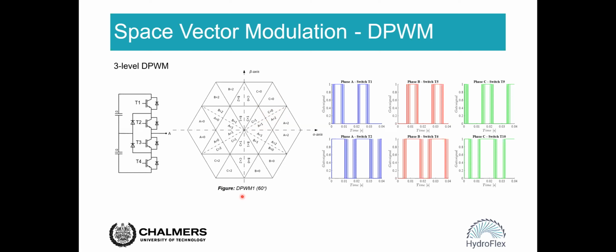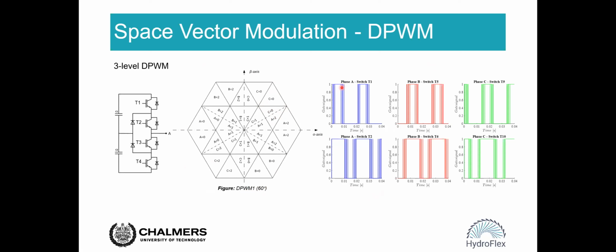So by designing the switching states inside each small zone, we can create this DPWM1 pattern inside this three-level converter. If we look at the right side, these are the switching or gate signals from when we run this DPWM1 simulation.